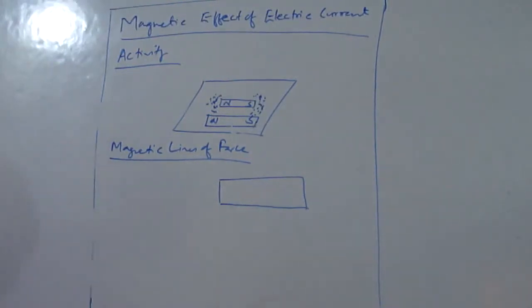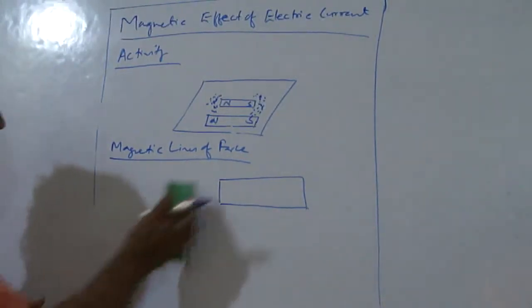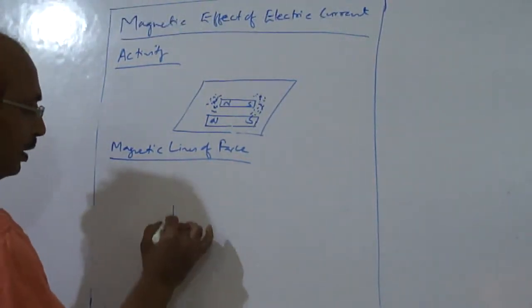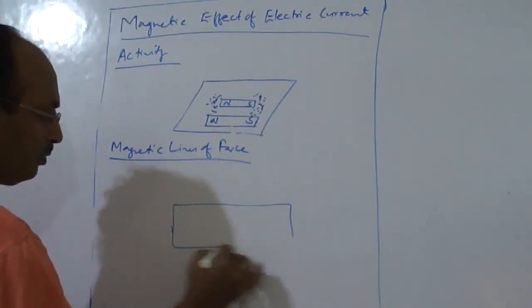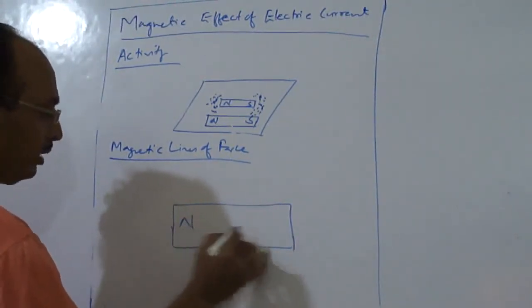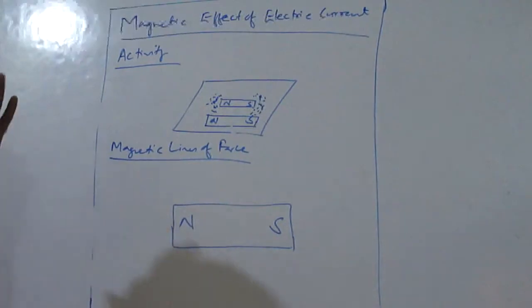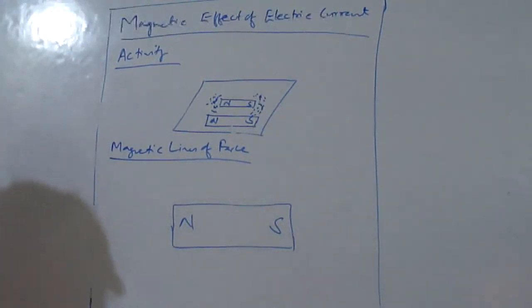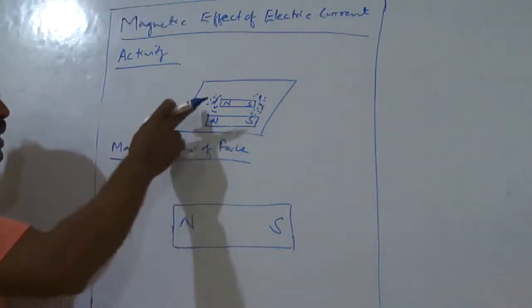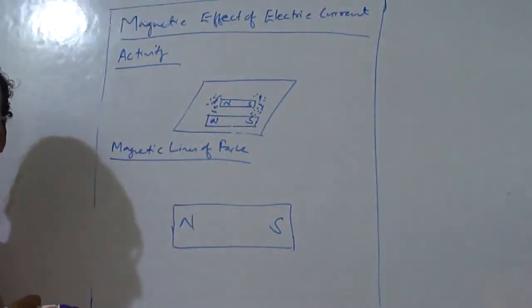Right. So now I will make another one. This is a bar magnet consisting of north and south pole. Magnetic lines of force we can also draw on paper.